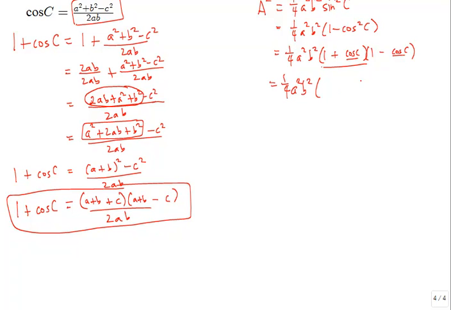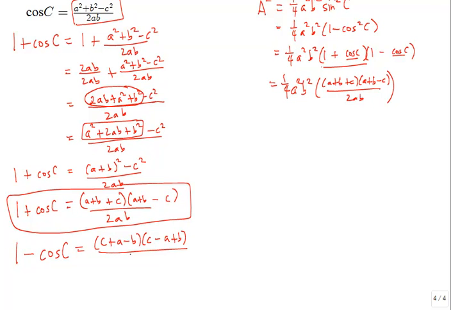So all of this first parentheses becomes (a plus b plus c) times (a plus b minus c) all over 2ab. Now through a similar process, I'm not going to do it all out for you, it's easy to show that 1 minus cosine C is going to look very similar, but it's going to end up having (c plus a minus b) times (c minus a plus b) all over 2ab.